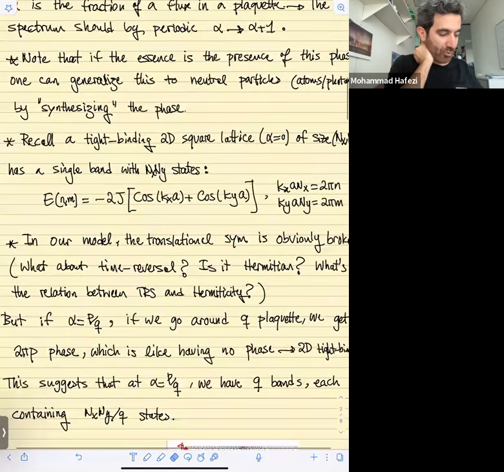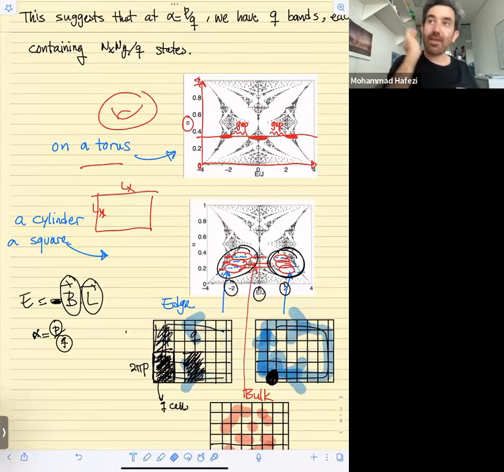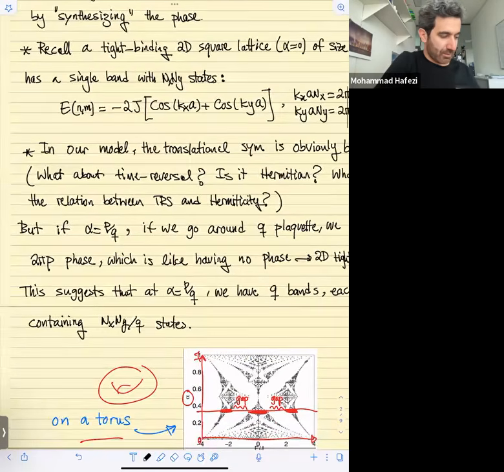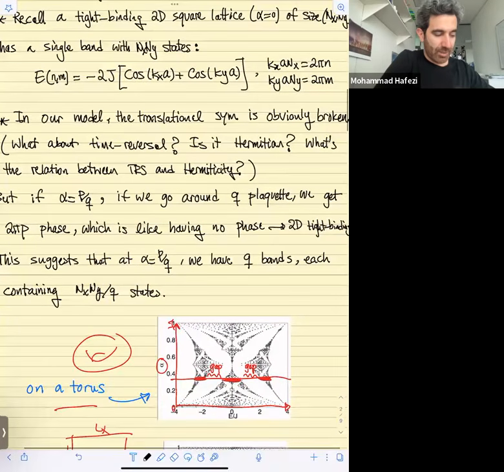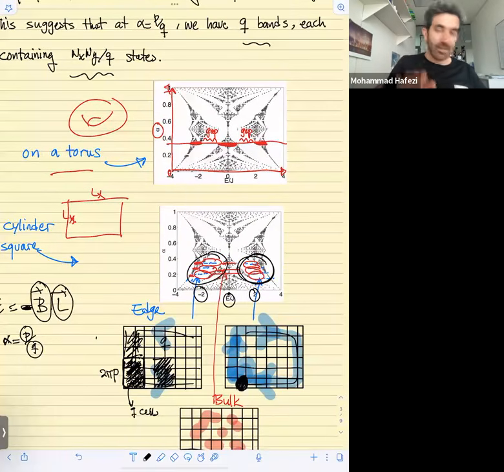Now here, if you go into those q plaquettes, then they would hop with zero phase. So basically what you have is that you will have q bands, and each of them will have NxNy over q states, because if I have this plaquette that has q sites, then when it's hopping, it's just a simple tight binding model.